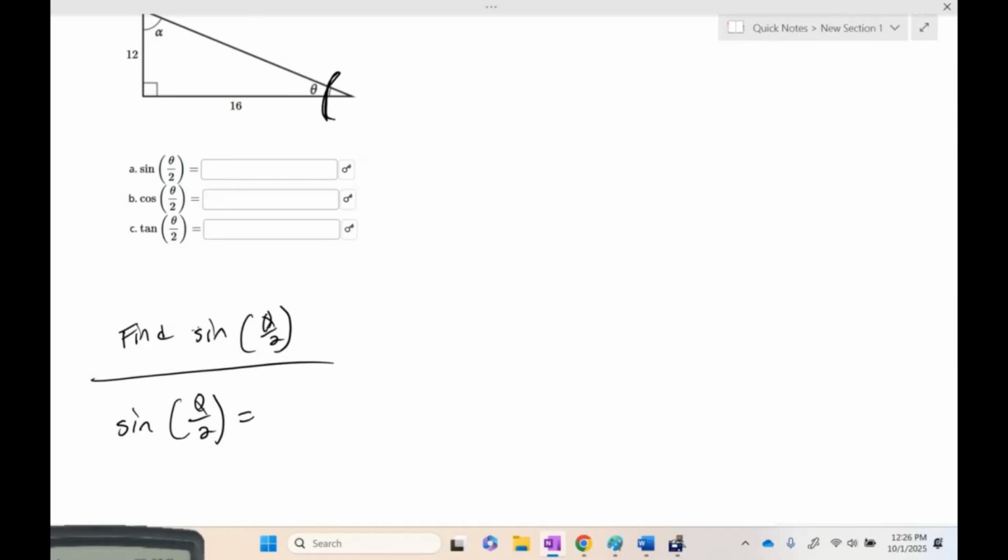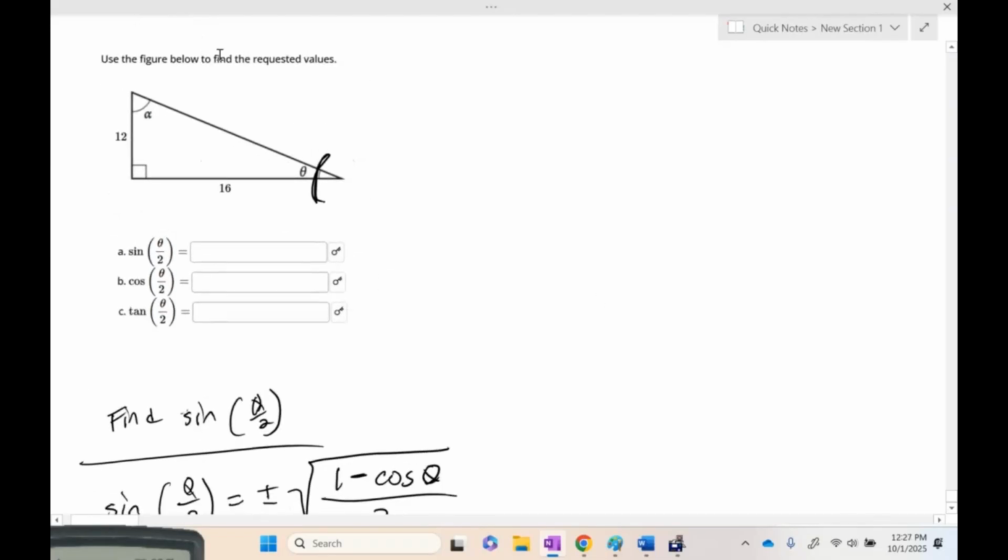So the half angle for sine, that is plus or minus the square root of 1 minus cosine theta over 2. Right. So what is the cosine of theta?